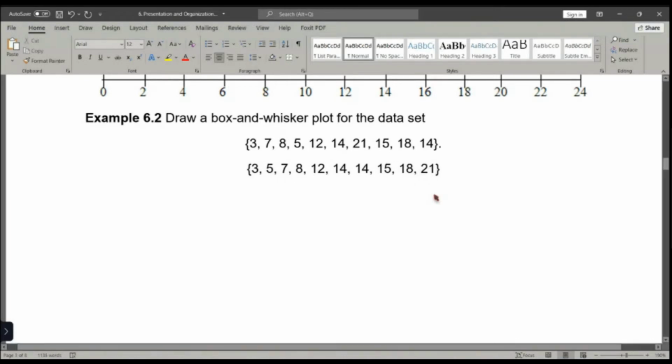Okay, what is our N? 10. Okay, we have 10.